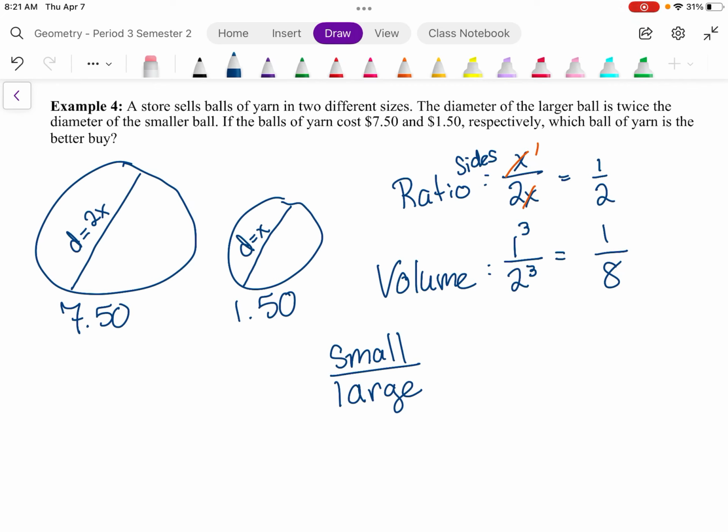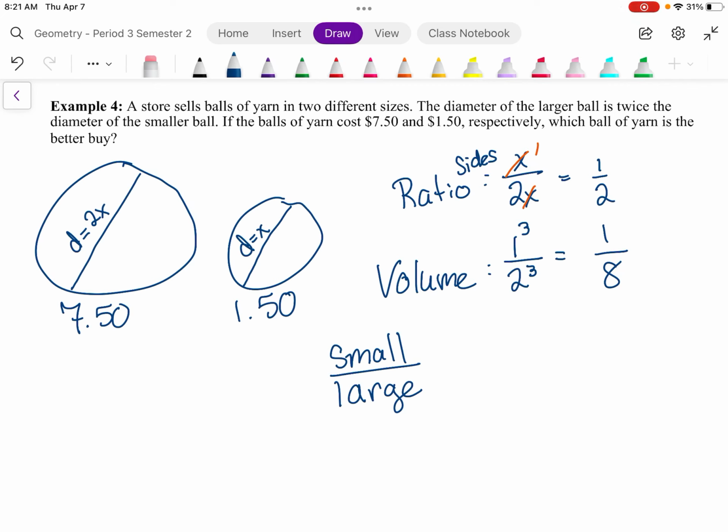So we're going to compare. If the ratios were the same for the volume and the cost, then that means they would be equal in cost. So we're going to compare ratio of volume to cost. If they were equal, then it would be the same price or same deal, which they're not.